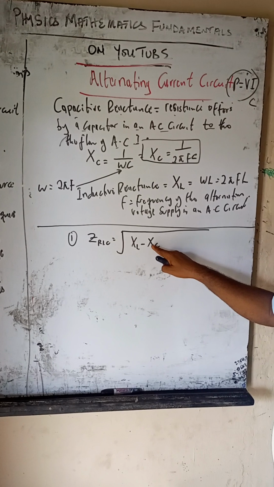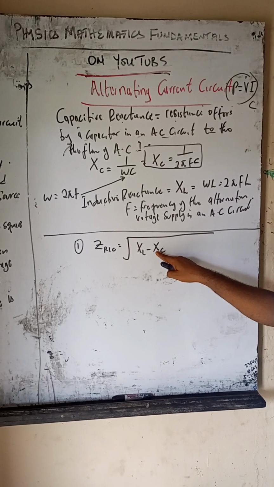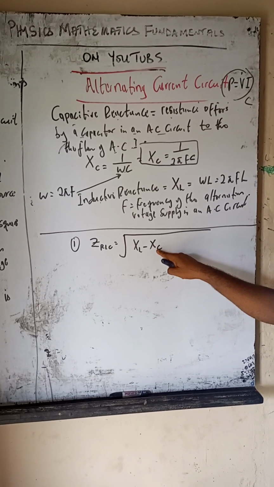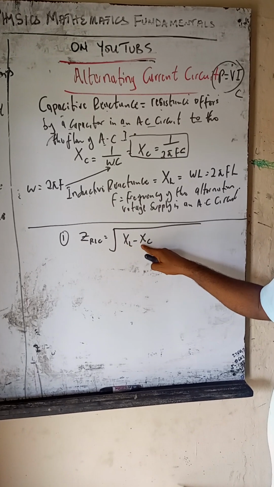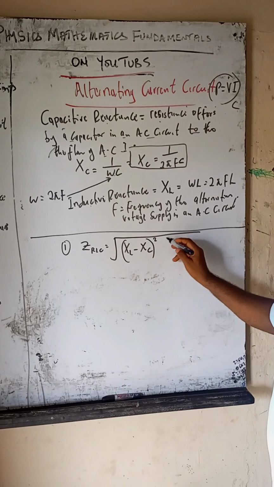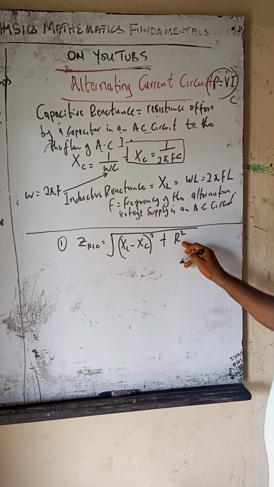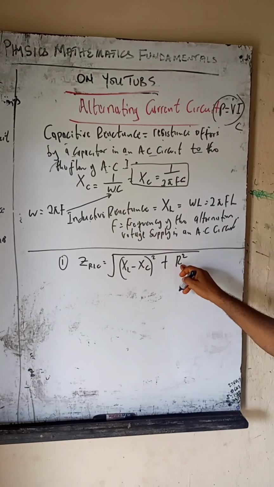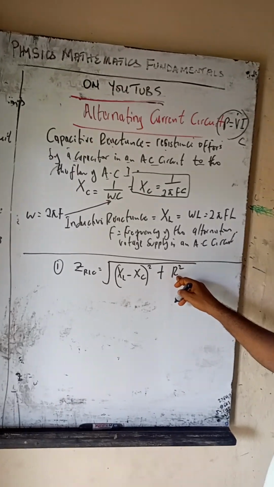XC is the resistance offered to the free flow of alternating current by a capacitor. Each of them is known as reactance. So we find their difference and we square it, plus R squared, where R is the resistance offered by the resistor in an AC circuit.